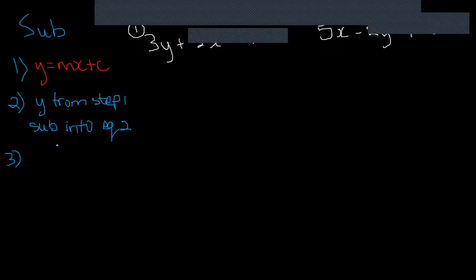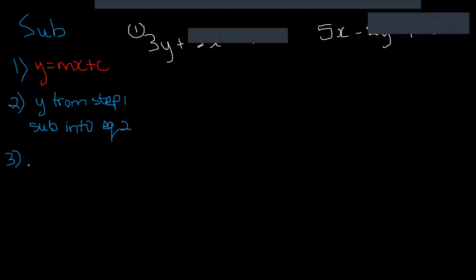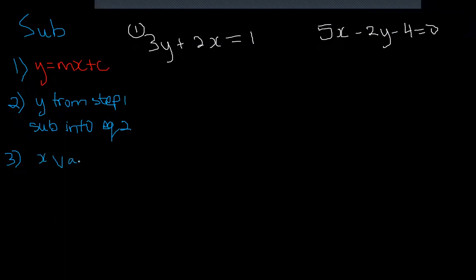Right. Our third step, we want to use the value of x from step 2. So let me just put x value and sub it, which means substitute it into equation 1. This is our equation 1.